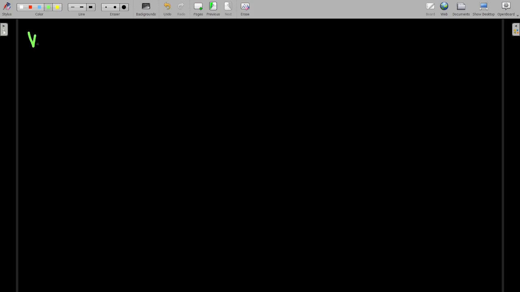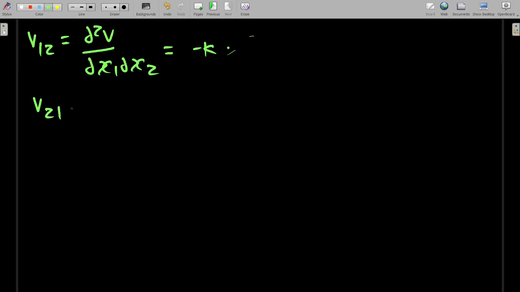For V12, del 2 V upon del x1 into del x2, our V12 is minus k. Similarly, V21 is also minus k, and V22 is k.